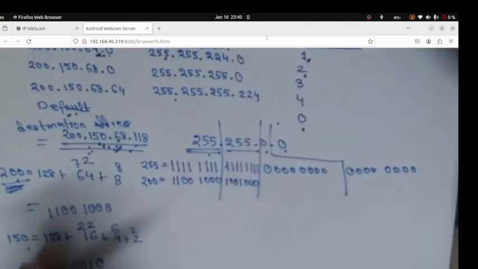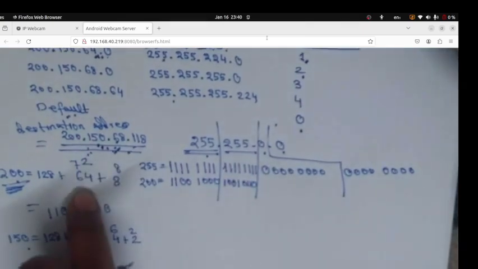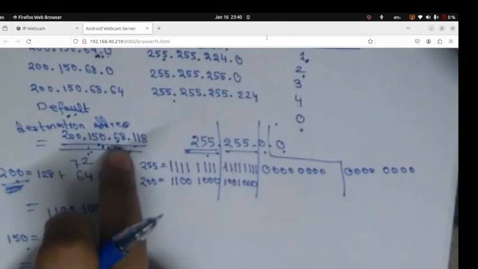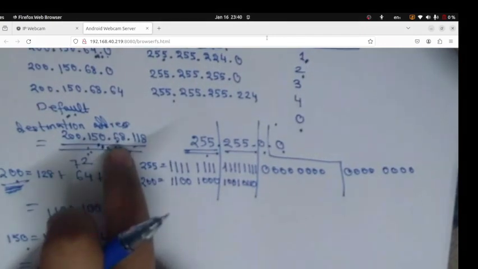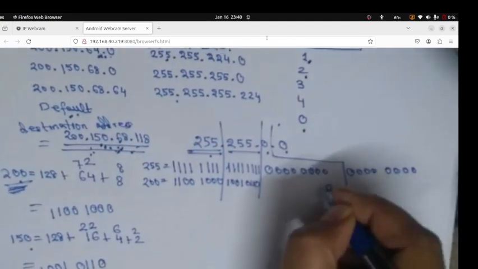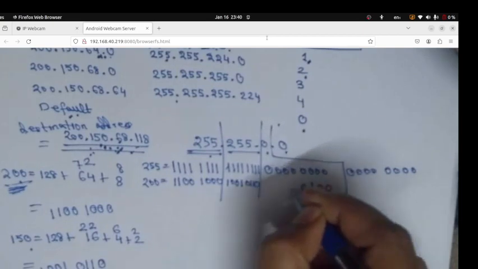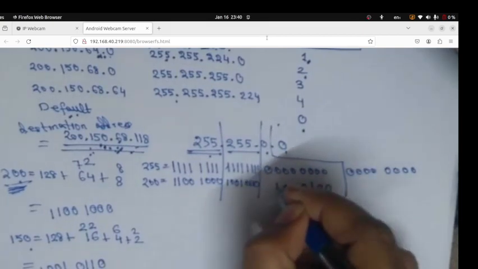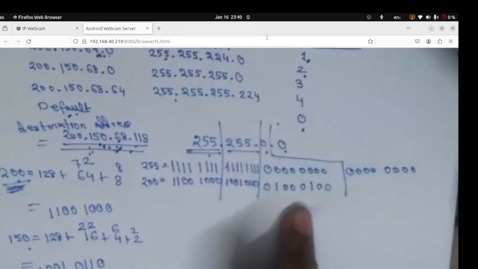Now what will be the binary equivalent for the third octet of the destination IP address? 68 means 64 plus 4. Again 1, 2, 4, 8, 16, 32, 64, 128. That is the binary equivalent.